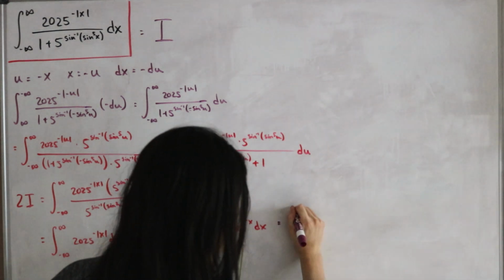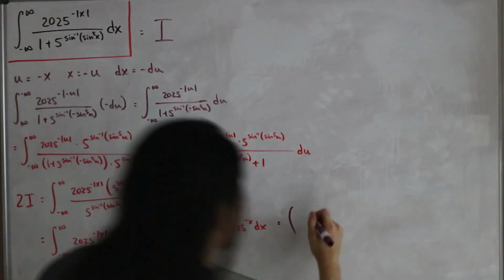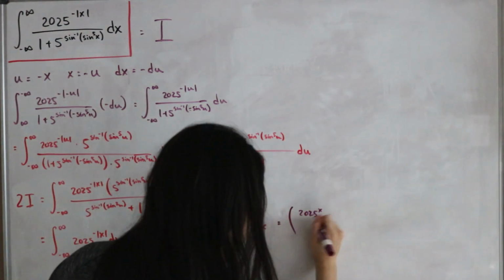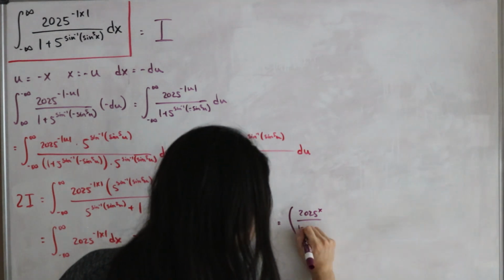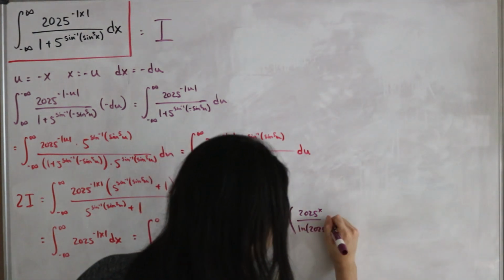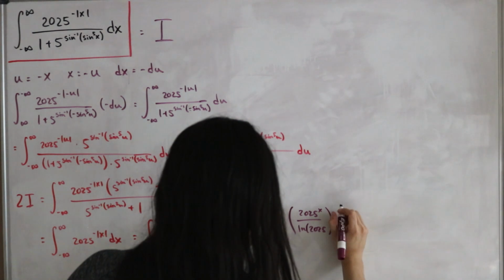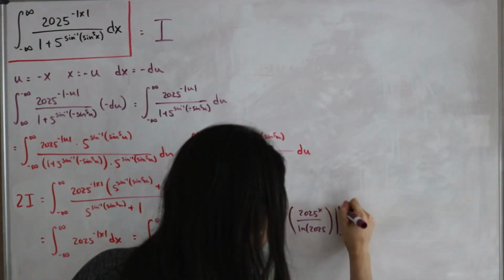Our first integral over here is going to be 2025 to the power x divided by ln of 2025, and then evaluate this from your bounds of negative infinity to 0.